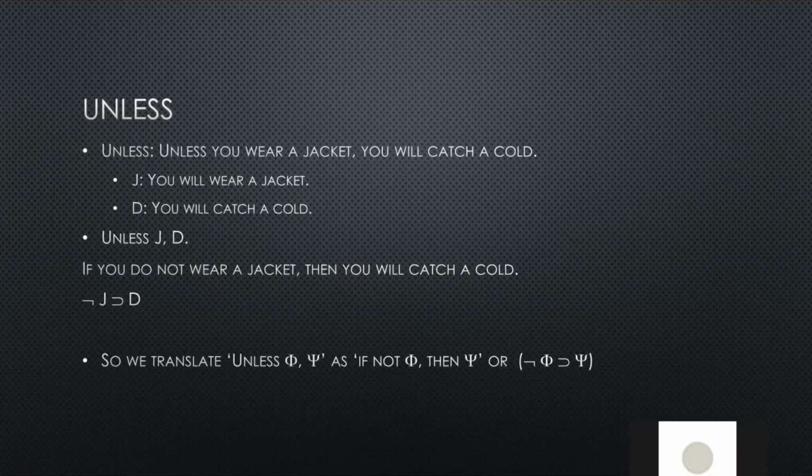So unless stands in for an if-then statement where the antecedent, the thing that comes before the horseshoe, is negated. So we will symbolize, unless you wear a jacket, you will catch a cold, as if it's not the case that you wear a jacket, then you will catch a cold.